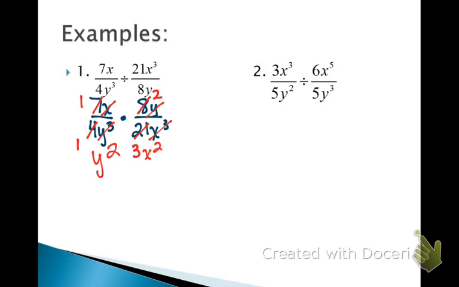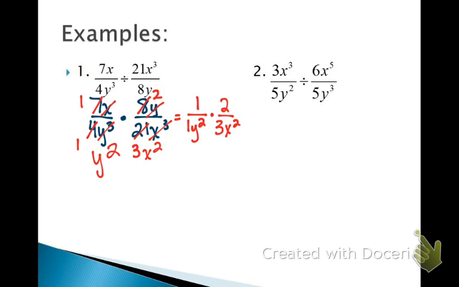Now, if it's hard to see what's going on here, we can just go ahead and rewrite what's left. You've got 1 over 1y squared times 2 over 3x squared. You don't necessarily have to write out that step, but if you're not sure what you got left, that might be useful.